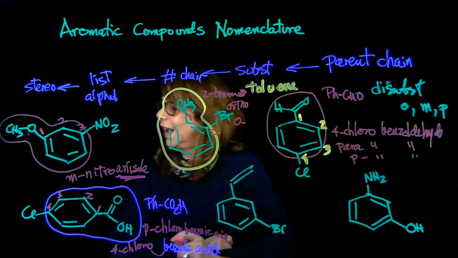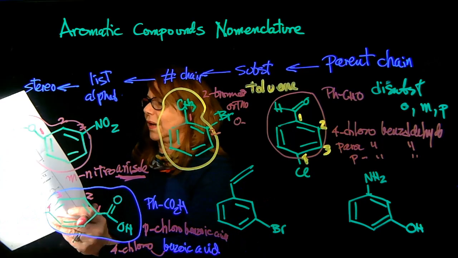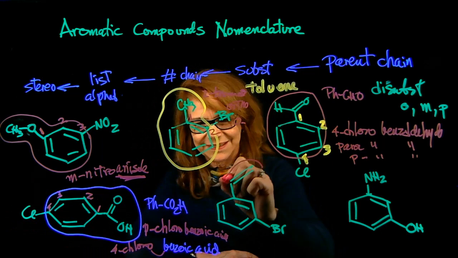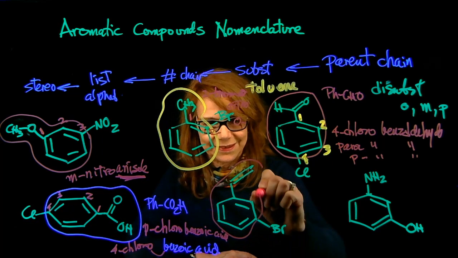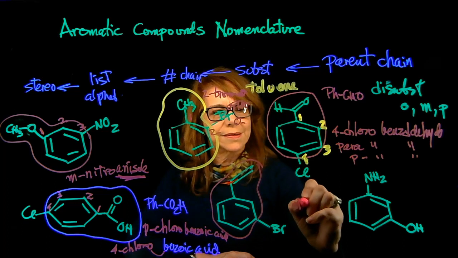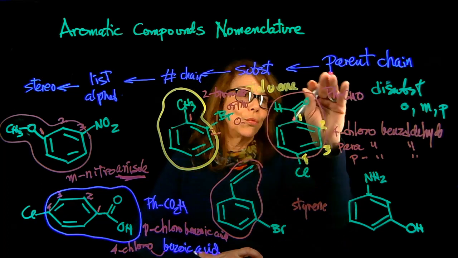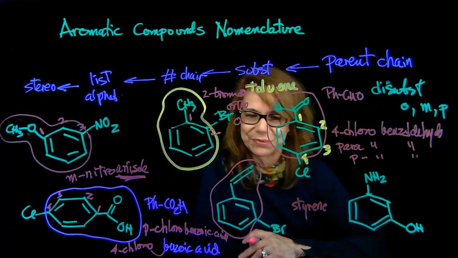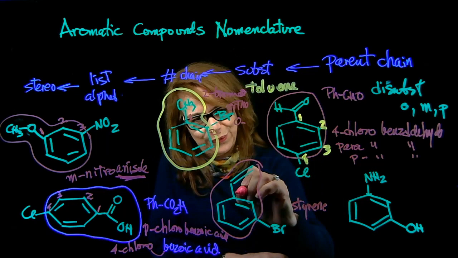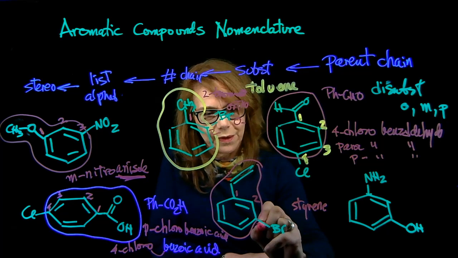Okay. Now here I have another important group that we need to remember, and that is styrene. It's like vinyl benzene. So styrene. That's another one of these parent chains that we want to remember. And now we see the substituent is a bromo, so that's my carbon 1, where the vinyl group is, 1, 2, 3.